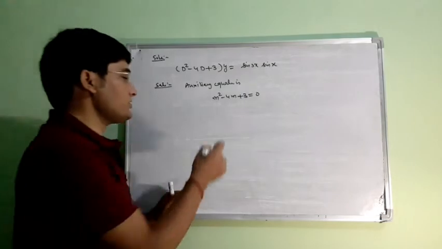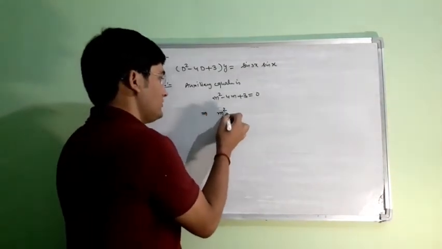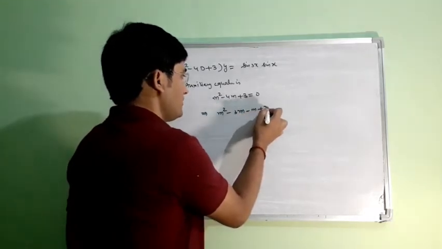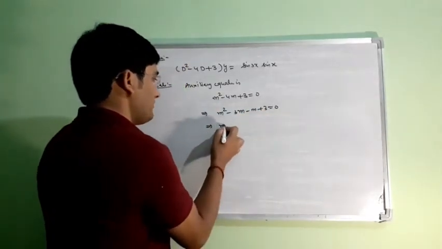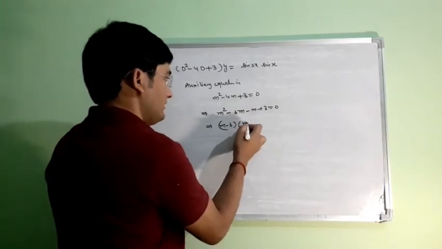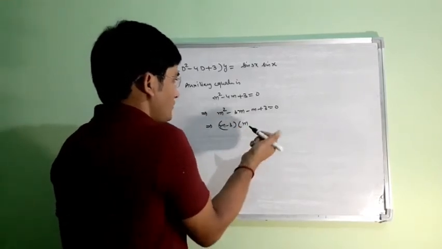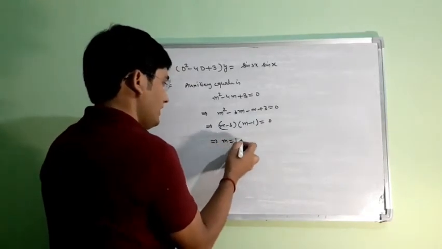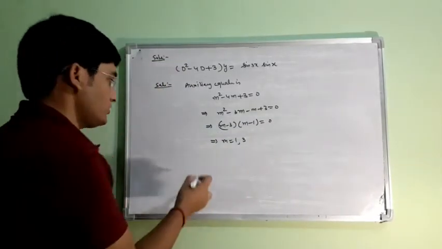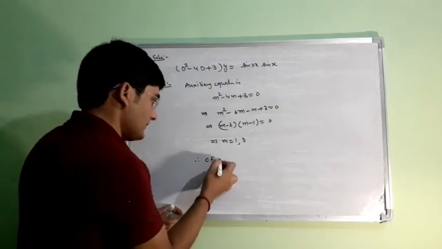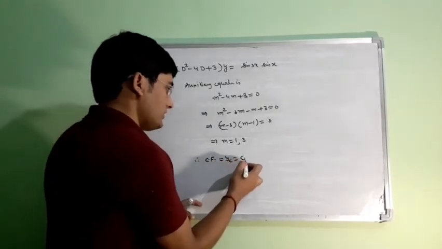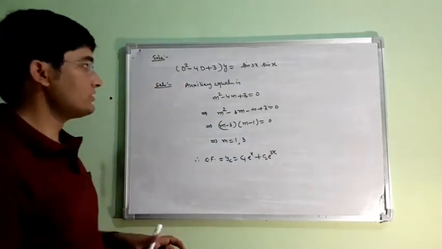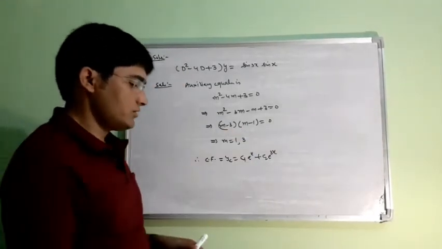This is our auxiliary equation, and its factors will be m square minus 3m minus m plus 3. So from here we will have m minus 3 and then m minus 1. So the roots will be m equal to 1 and m equal to 3. So your complementary function will be, say, yc equal to c1 e to power x plus c2 e to power 3x. So this is your complementary function.